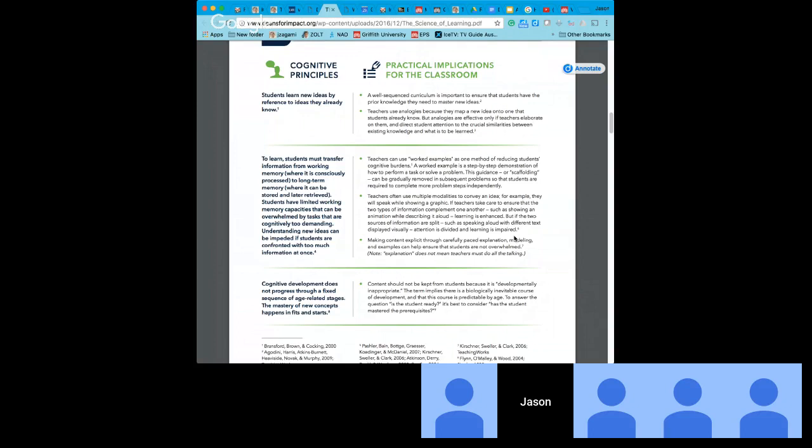And a lot of this is also adopted by the traditionalists. Of course, cognitive science hasn't really emerged from educational philosophy. It's emerged from psychology. And so it hasn't been divided into the two camps of progressive and traditionalist.